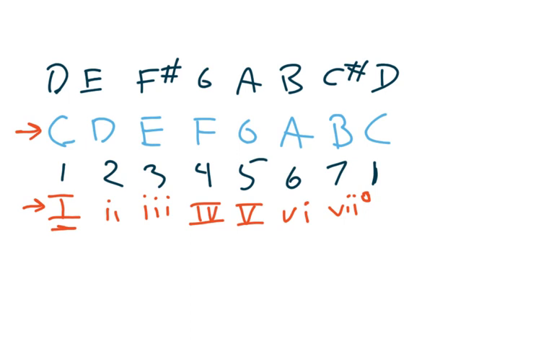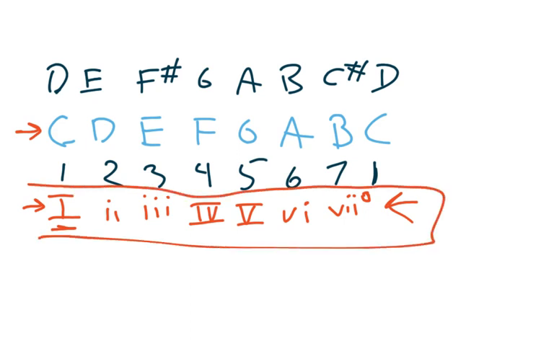Same with the 4, and then the 5. So they sound the same even though they're in a different key. There it is in C, there it is in D, right? So now that we have these Roman numerals, instead of dealing with chord symbols or letter names, we're able to identify patterns no matter what key we happen to be in.